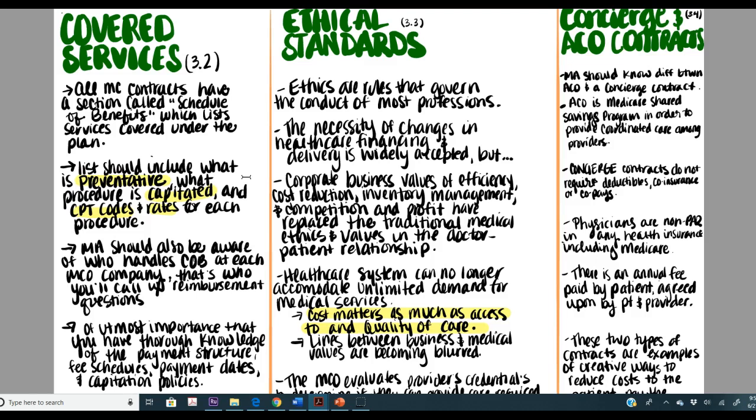It should include what is preventative, what procedure is capitated, and then any CPT codes and rates for each procedure. So it will look different for the billing specialist or the medical assistant who is working on the office side of things, but I wanted to show you what that will look like for a member of an insurance plan.